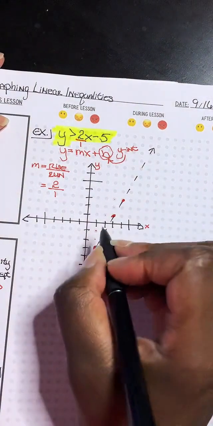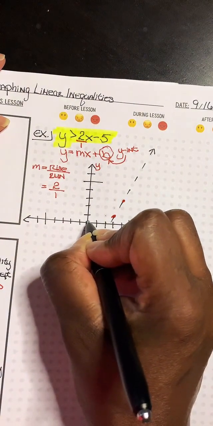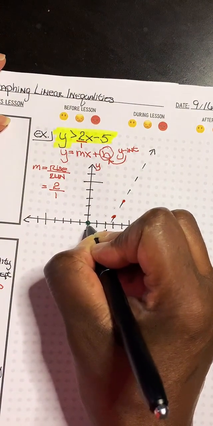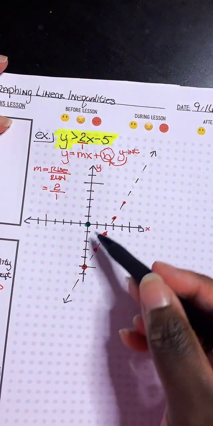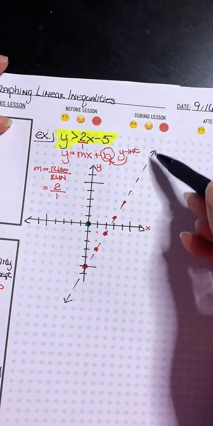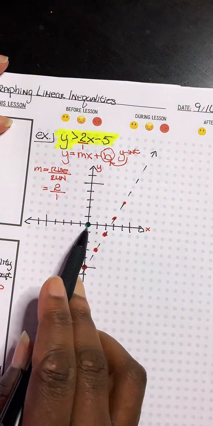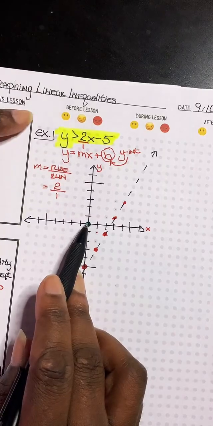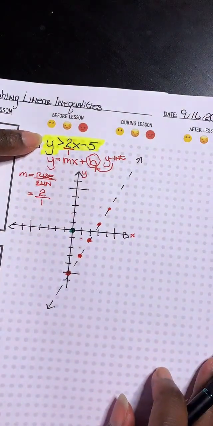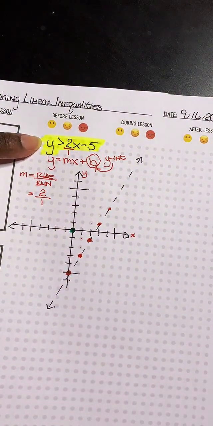And as I said earlier, if you test, you want to use a point that's nice and simple. That's 0, 0. Notice the boundary line that we drew, which is the dashed line. And 0, 0 is on one side of the dashed line. So we got our original inequality up here.